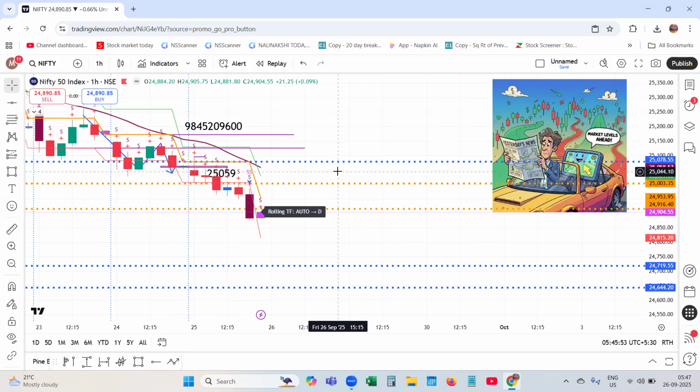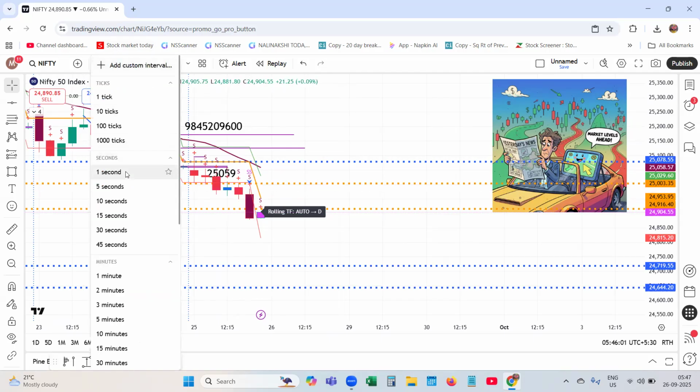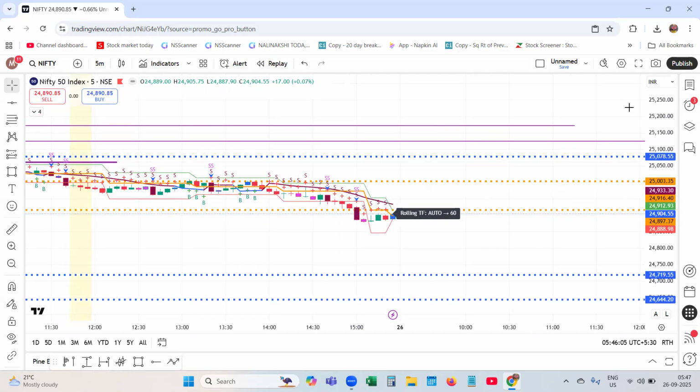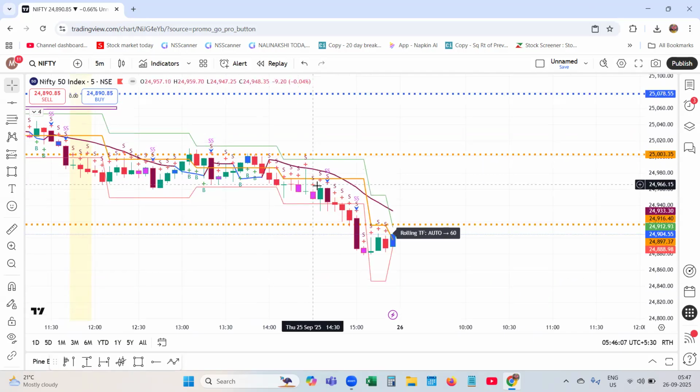Before it goes sideways, these colored bars will indicate I'm going sideways. So in a 5-minute chart, you can clearly see this after the fall, a rest period under the pivot, not breaking the support. And these are indicating I am going sideways.